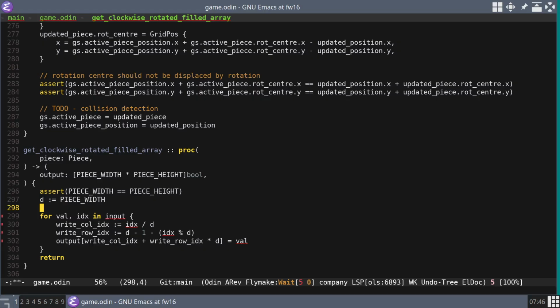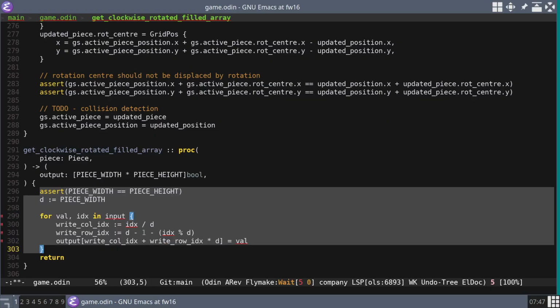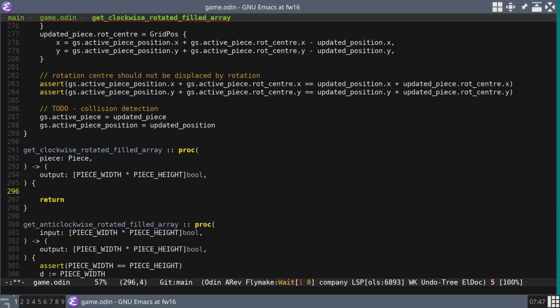So output is 0 initialized, so everything is currently false. Do I just delete this? And make a list that explicitly goes over the... Alright, let's delete that and think it through again.